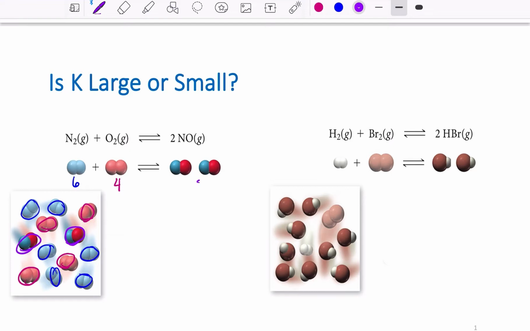And 1 and 2. What do you think? Do I have more product present or more reactant present? I've definitely got more reactant present, right? So I expect this to be reactant favored.